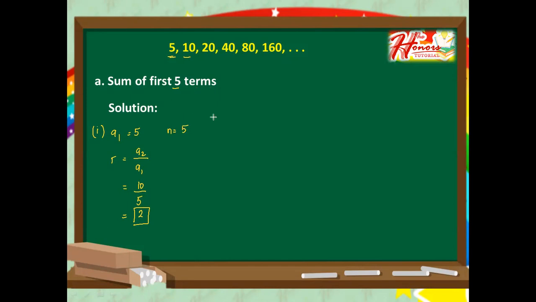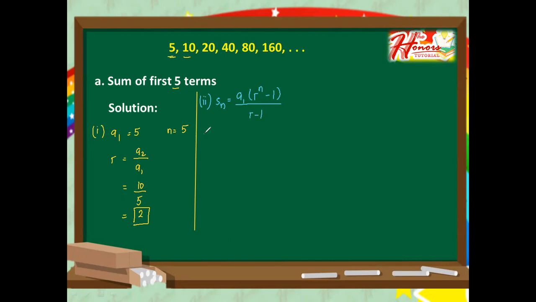Next, we have to have our formula. So that is S sub n is equal to a sub 1 times the quantity of r raised to n minus 1 all over r minus 1.